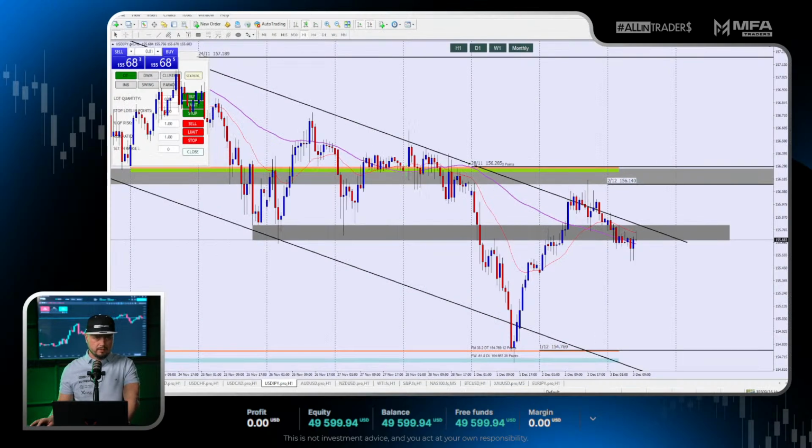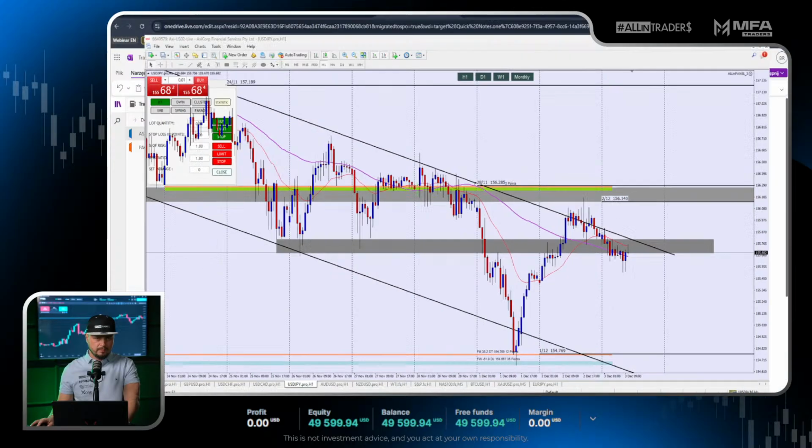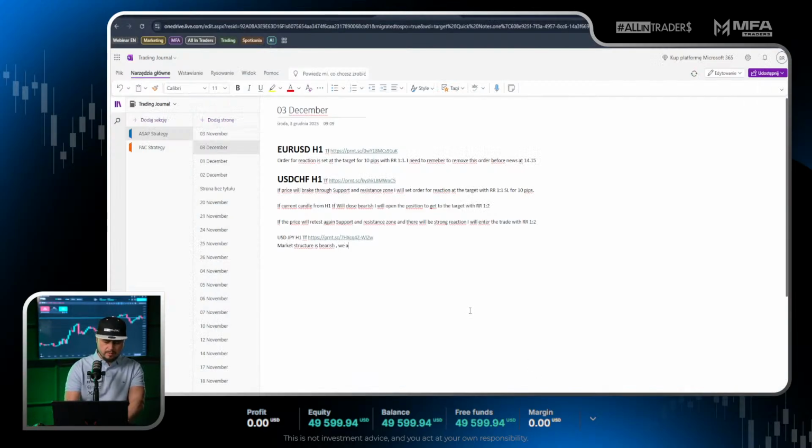Just have a look at this trade. We are in a bearish rotation from the 4-hour time frame.